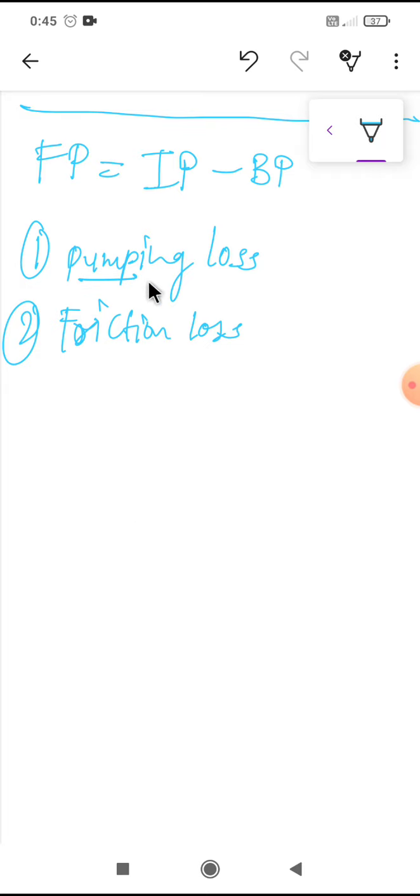This loss we are not discussing; we are discussing friction loss, but both are losses which account for the friction power. The friction loss is made up of friction between the piston and cylinder walls, piston rings, and between the crankshaft and camshaft and their bearings, as well as loss incurred by driving the essential accessories such as water pump, ignition unit, etc.